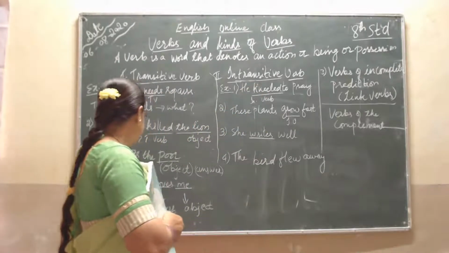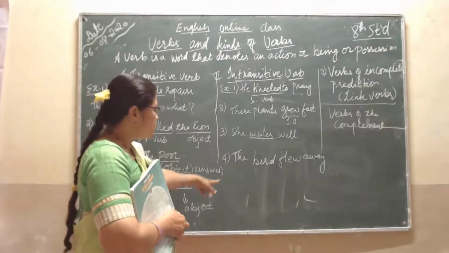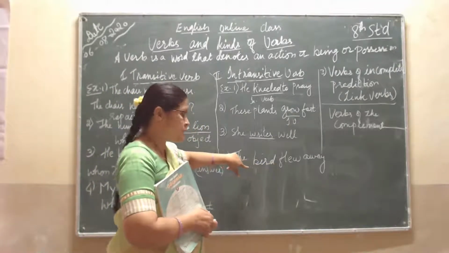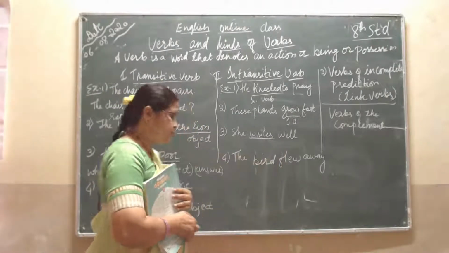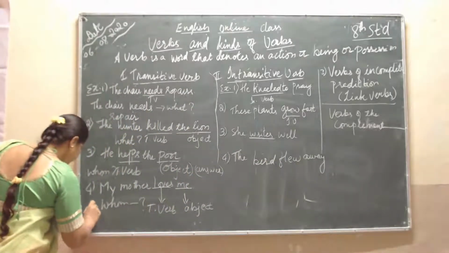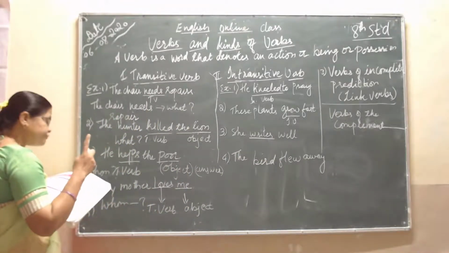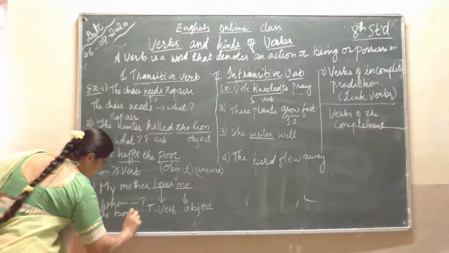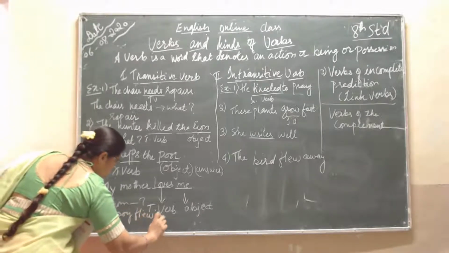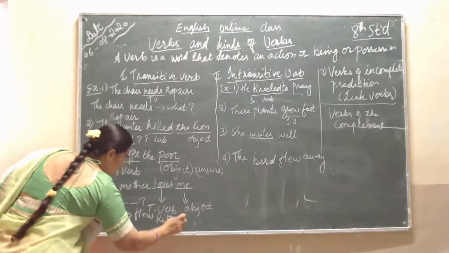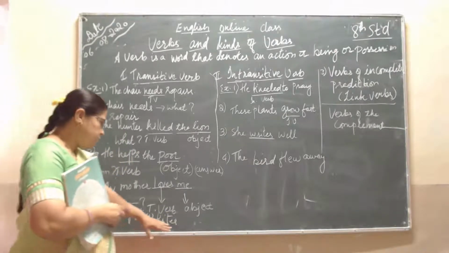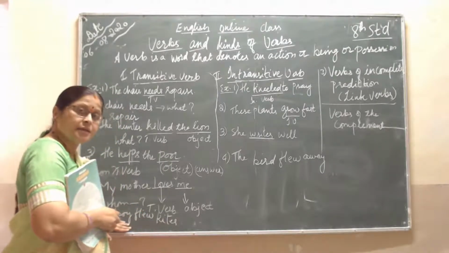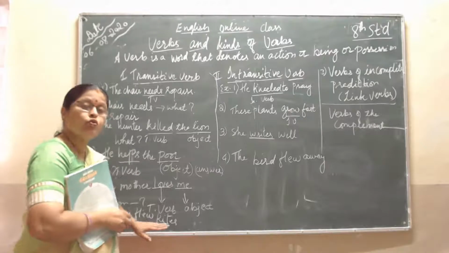So one more example I'll give here for the transitive verb, which is easier for you to understand. Note down the fifth example: the boy flew kites. Here, this kite cannot fly itself, so what is required? The boy flew what?